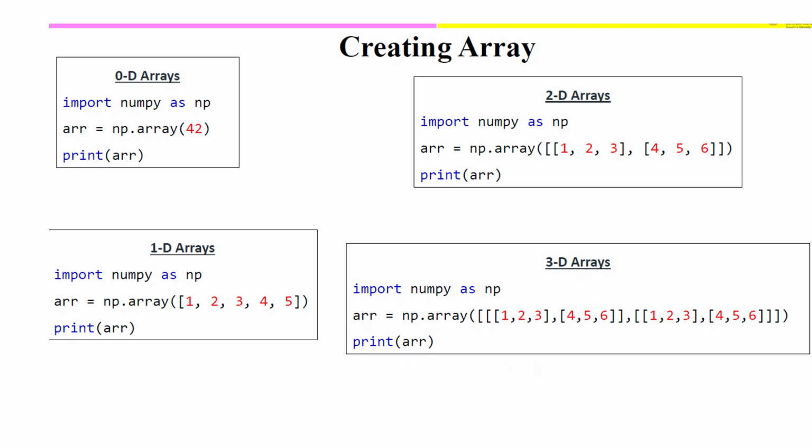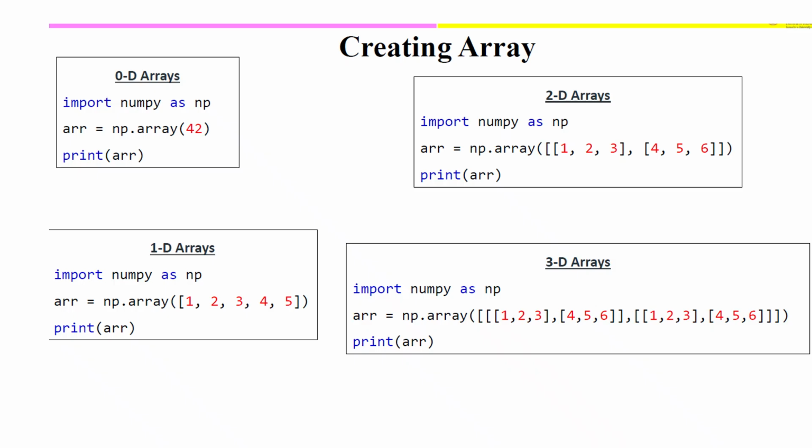So how to create an array? NumPy is a powerful Python library which is used for numerical computing. To import NumPy, we have to use the statement import numpy as np, and then arr is equal to np.array(42), and then print(arr).